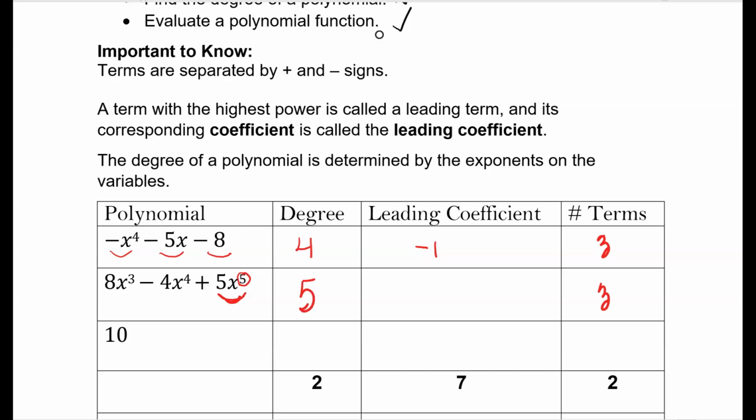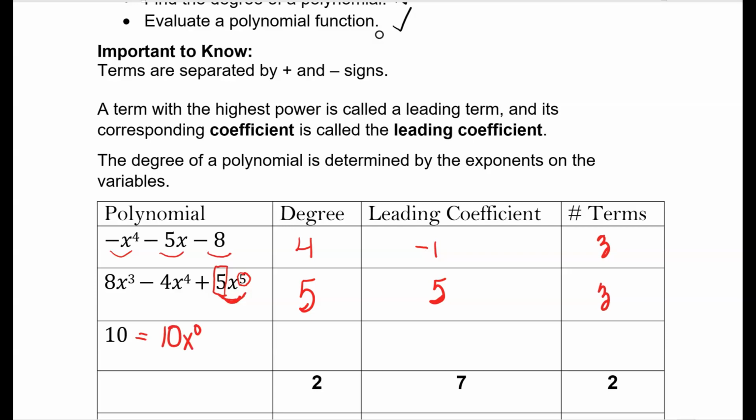And since the leading coefficient is 5 as well, we're going to write 5 also under leading coefficient. The next polynomial, or constant as we should call it, the next constant, 10, is similar to 10 times x to the 0.